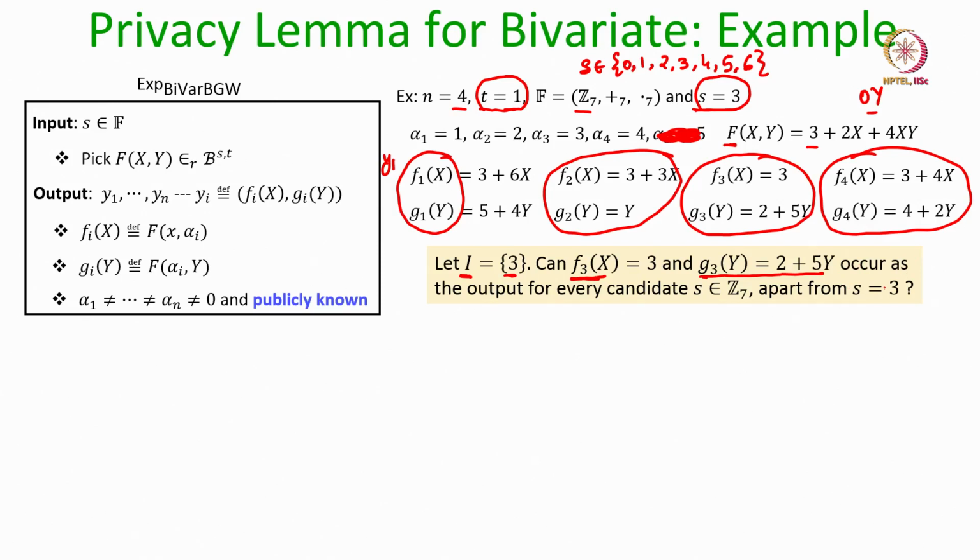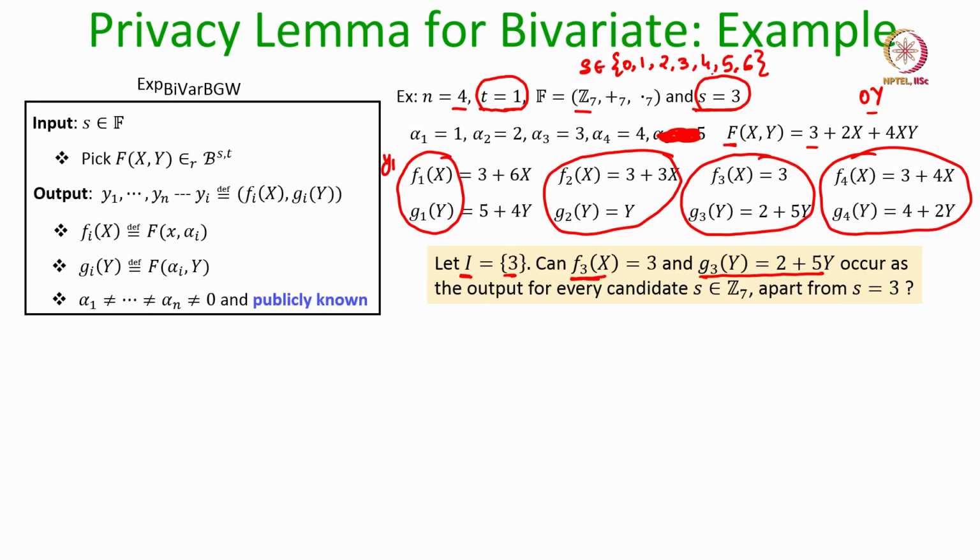Now, I am going to show you that for you it could be the case that I have run the experiment with s being 0 with the same probability as I have run the experiment with s equal to 1, and with the same probability it could be the case that I have run the experiment with s equal to 2, and with the same probability s equal to 3 for you.